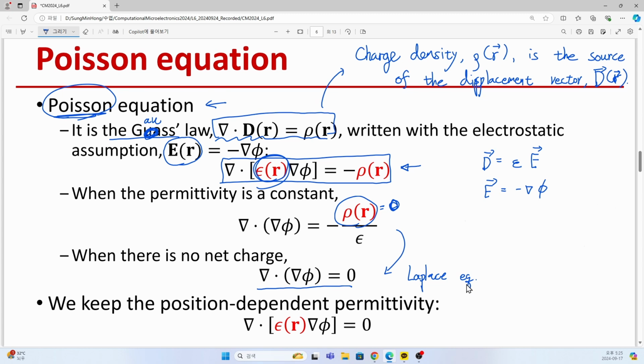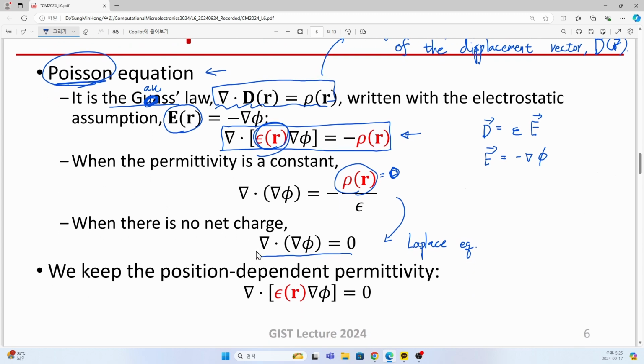However, in today's lecture, we will not consider the Laplace equation. Instead, we will just keep this position-dependent permittivity. Instead, we will just say that, yes, net charge density vanishes.